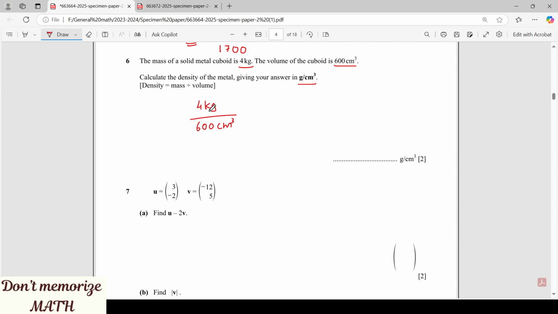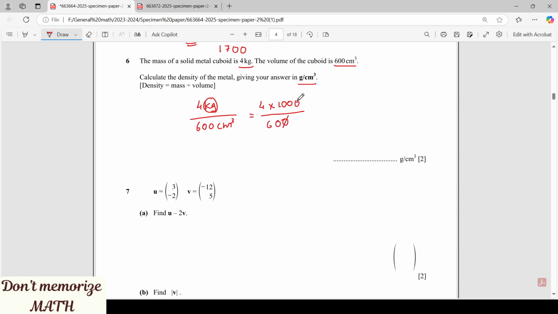Okay, so here we need the answer in gram per centimeter cube. So we have to change this kilogram to gram. How to change the kilogram to gram? We have to multiply by 1000. So 4 will become 4000 divided by 600 centimeter cube. Then no need to write 4000 over 600 always, if you can simplify it here itself.